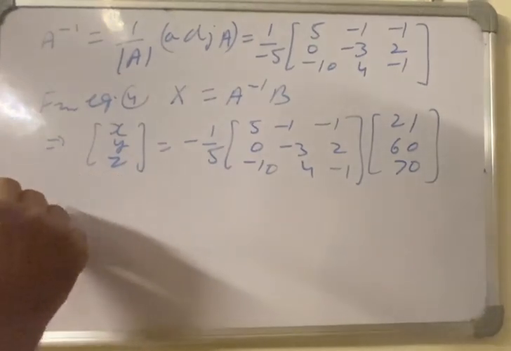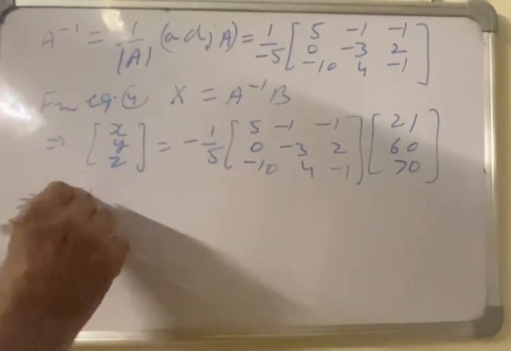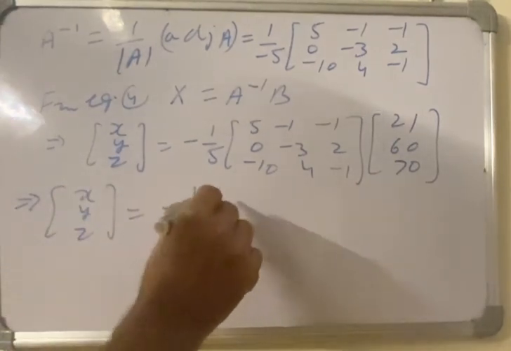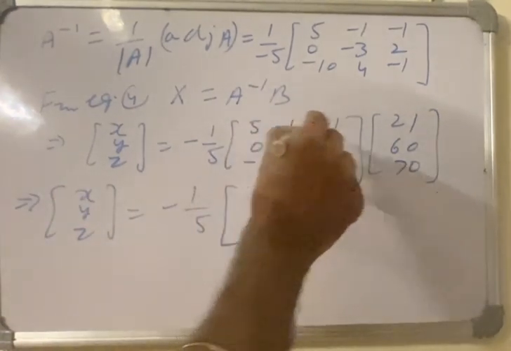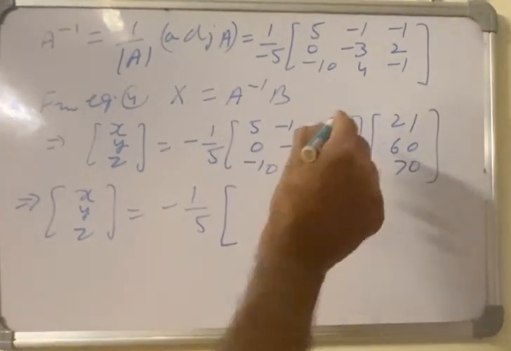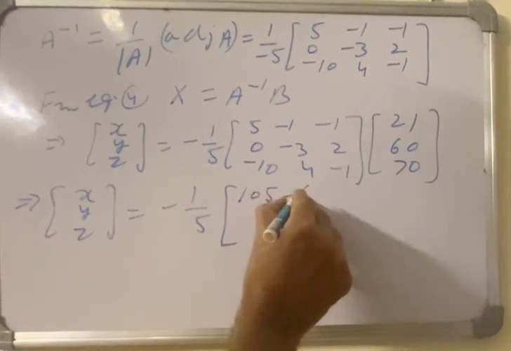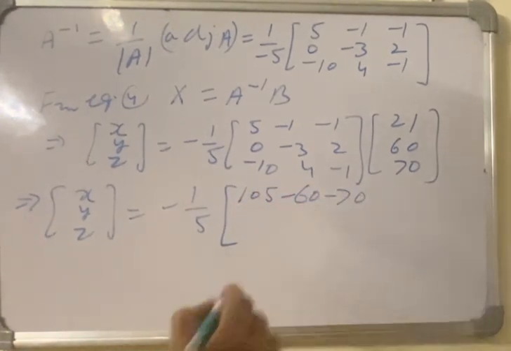We multiply first row with this column: 105 minus 60 minus 70.